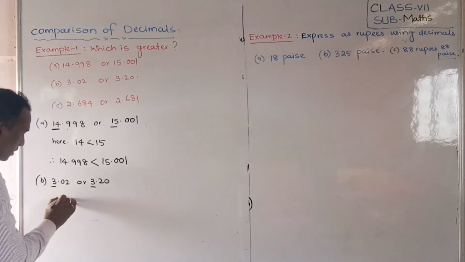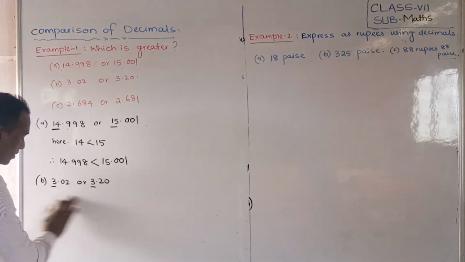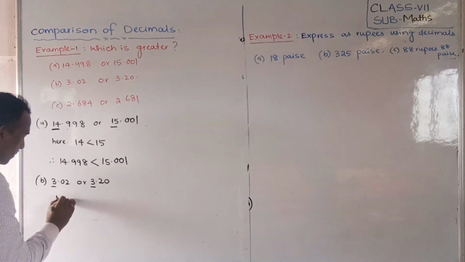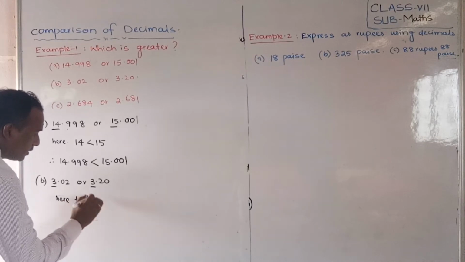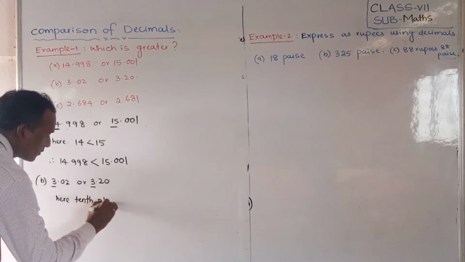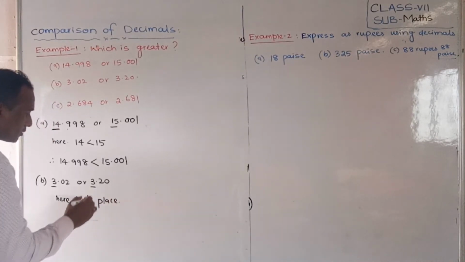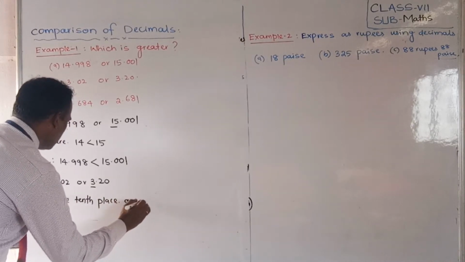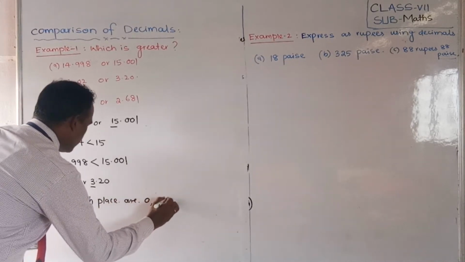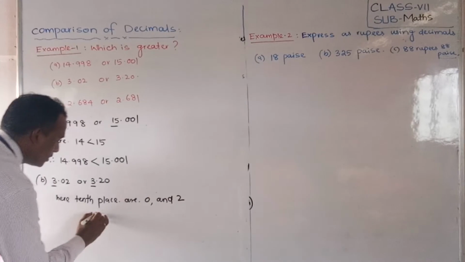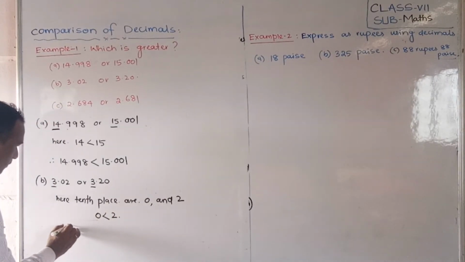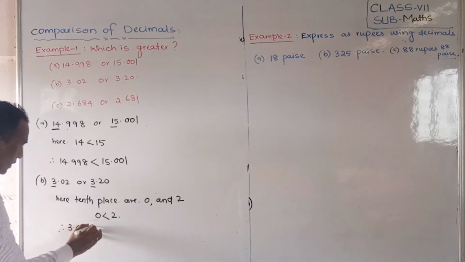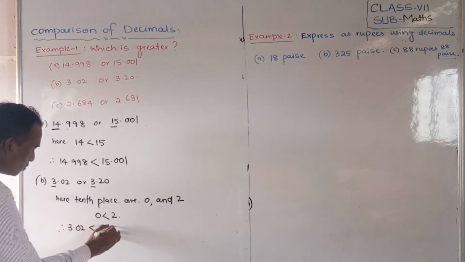So the 10th place digits are 0 and 2. Hence 0 is smaller than 2, and we get 3.02 is smaller than 3.20.